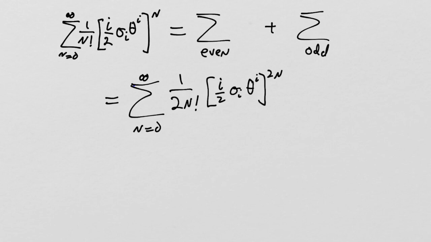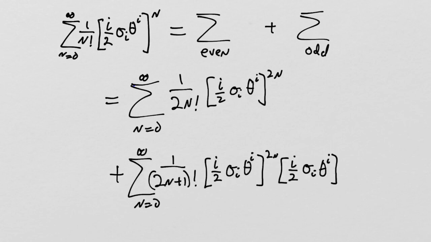That would be the even sum. And likewise, the odd sum will be that. The odd sum will be this, but we add 1 down here. So when n is 0, we get our 1 over 1 term. When n equals 0, we get our 0th order term.